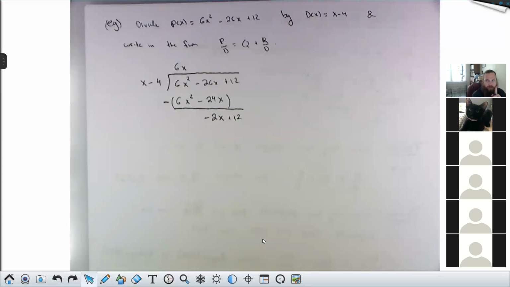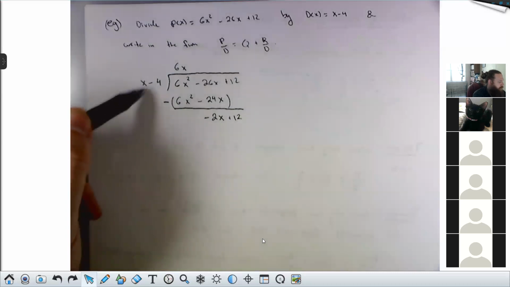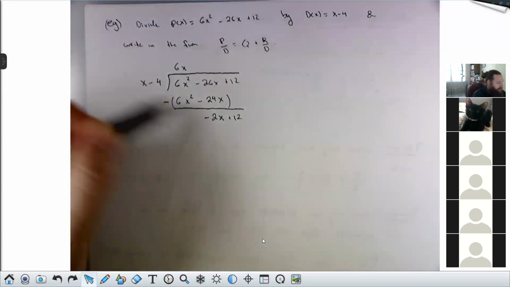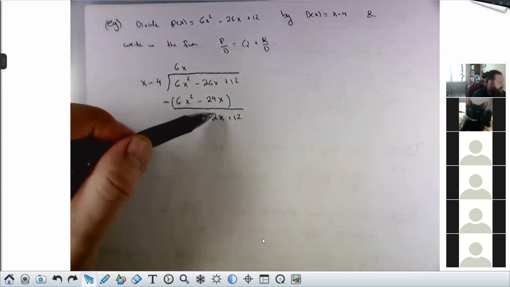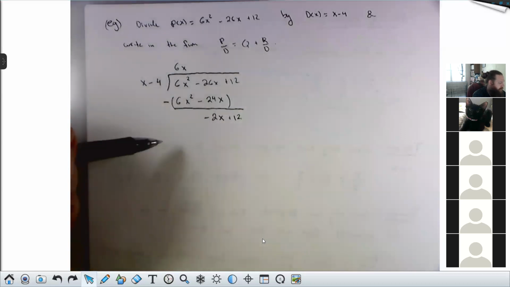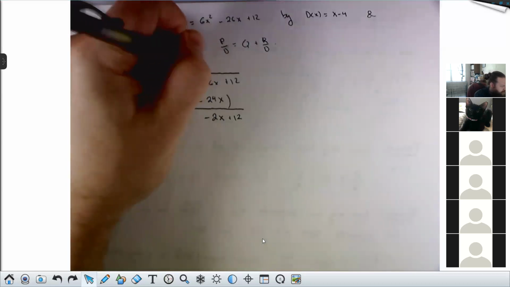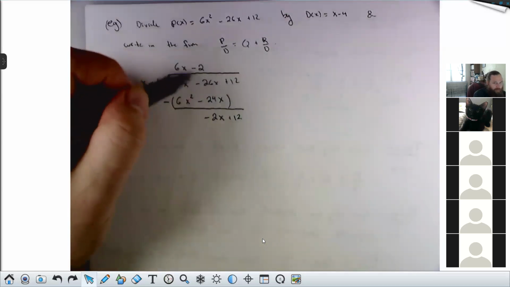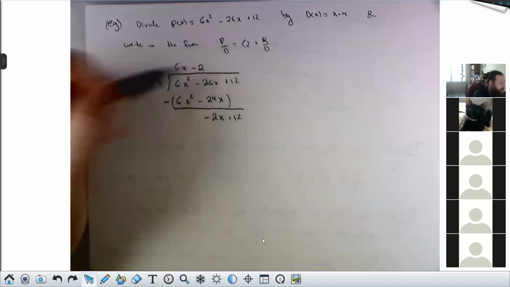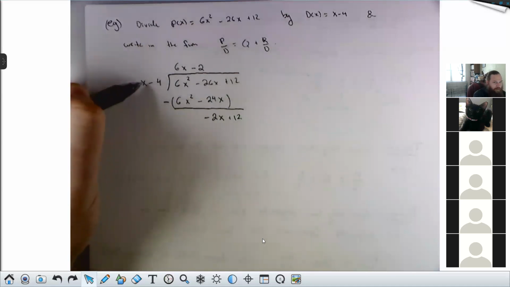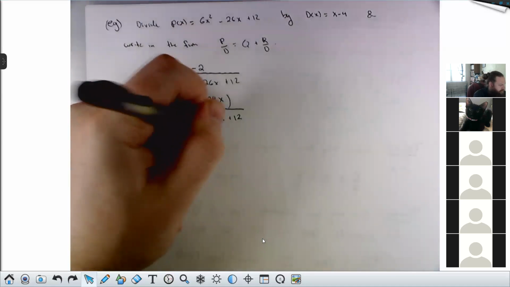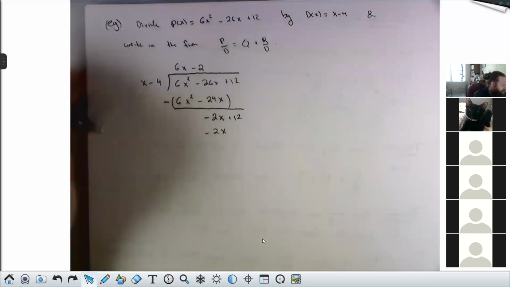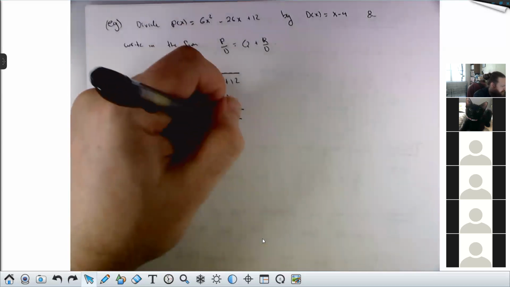That was one loop. Now you do it again. What do I need to multiply this x by in order to turn it into negative 2x? In other words, what is negative 2x divided by x? Well, that's negative 2. Now you take just the negative 2 that we wrote down just now, and multiply everybody here by that. So that's negative 2x, and then negative 4 times negative 2 is plus 8.